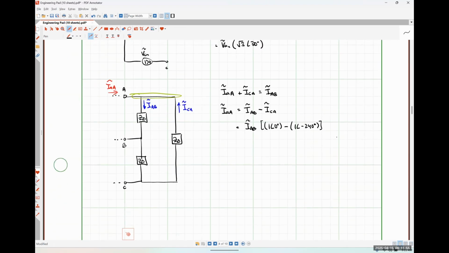We're using 1 angle negative 240 here on the current because we're looking at the C phase, okay? Well, this thing right here actually comes out to be root 3 angle negative 30 degrees. And so from this, we can see that our line current in this case is simply our phase current multiplied by a factor of root 3 angle negative 30.